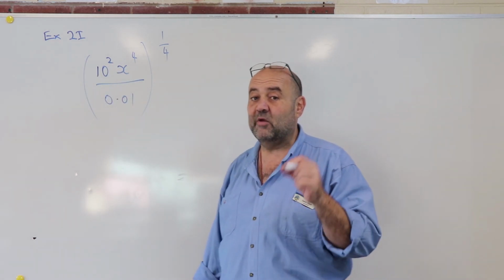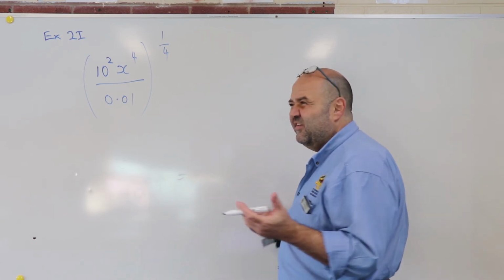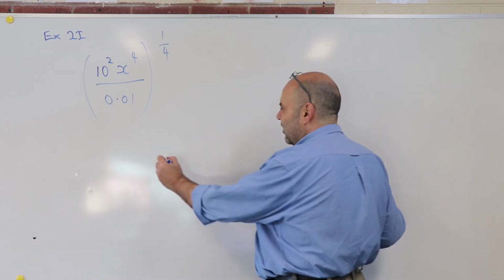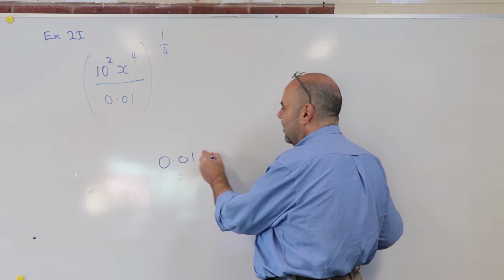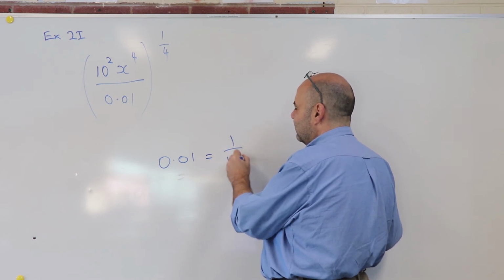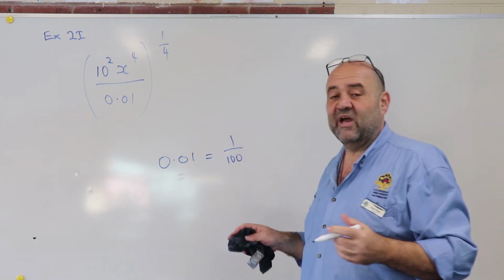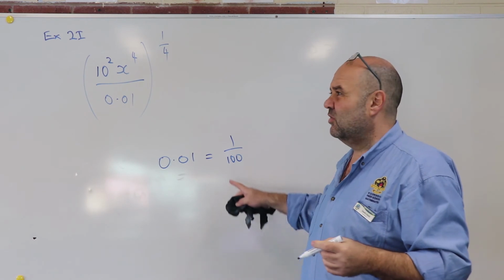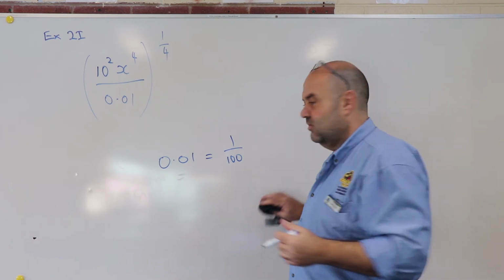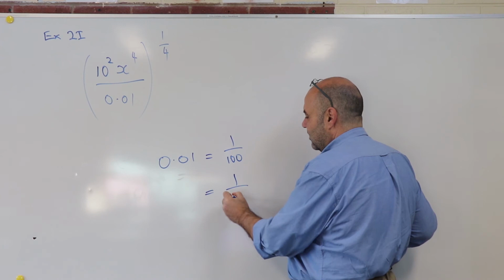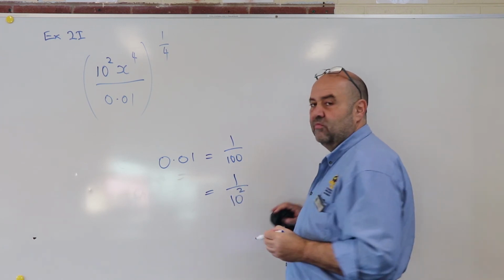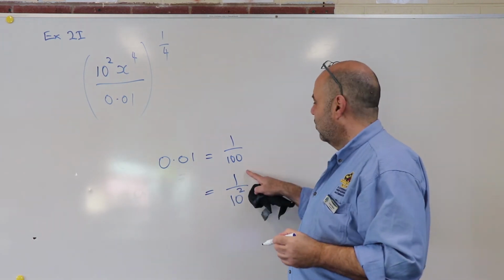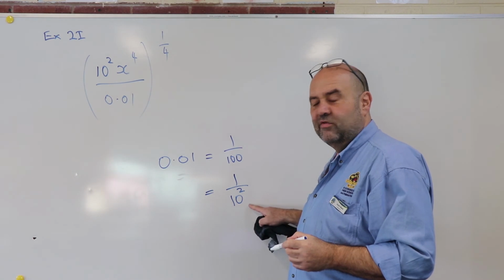Let's think about what we know about the index laws. What is 0.01? Well, that's 1 over 100. That's 1/100th, literally. Well, what's 100? 100 is 10 to the power of 2. So I've got 1 over 10 to the power of 2.